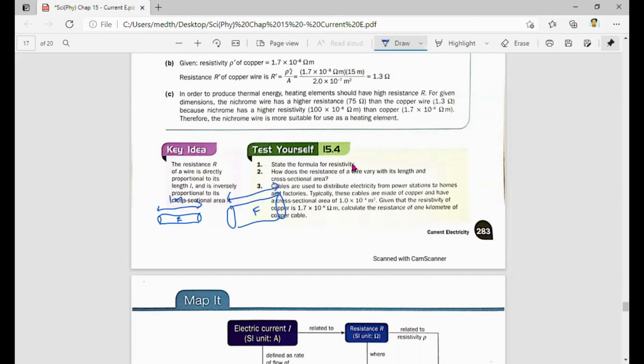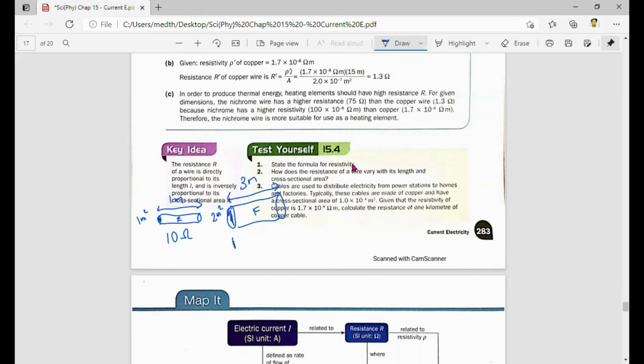This is 3 meters long. The cross-sectional area here is 1 meter square. The cross-sectional area here is maybe 2 meters square. Now, if I tell you the resistance of E is initially 10 ohm. Okay, so a 1 meter wire with a cross-sectional area of 1 meter square has a 10 ohm resistance.